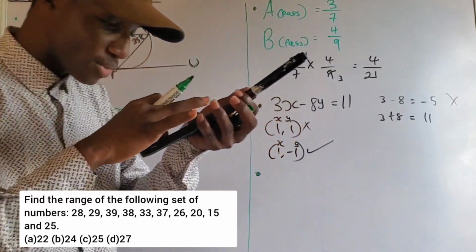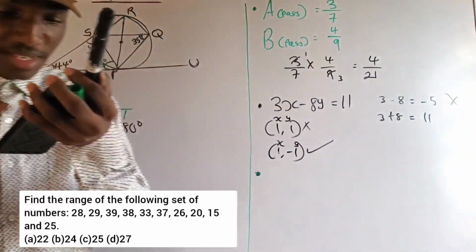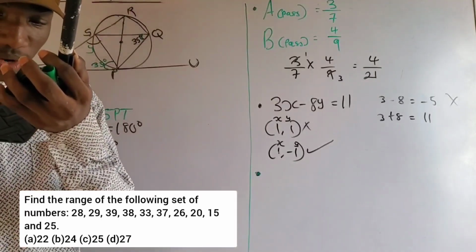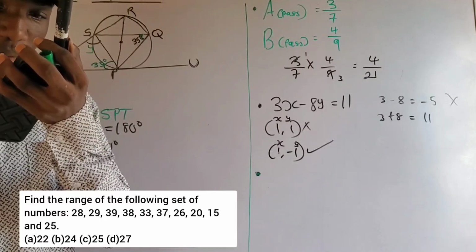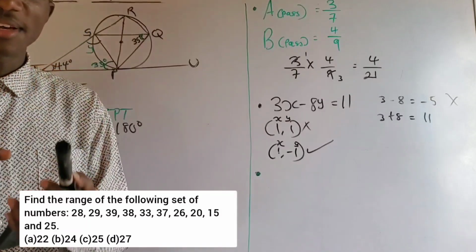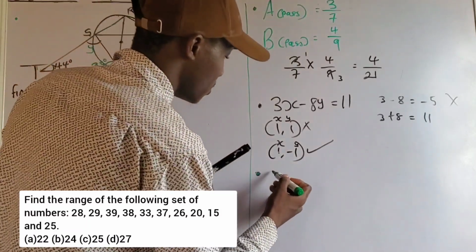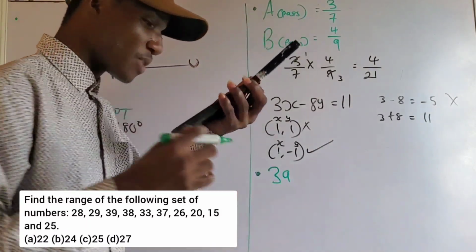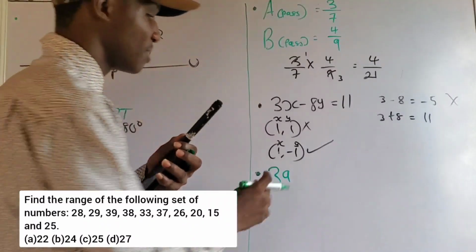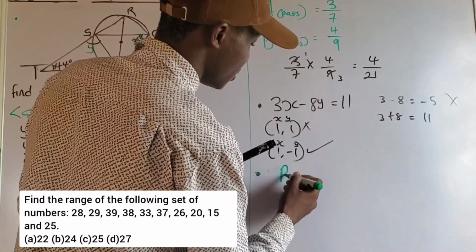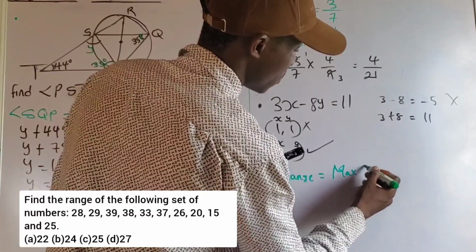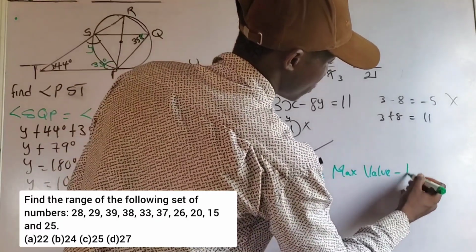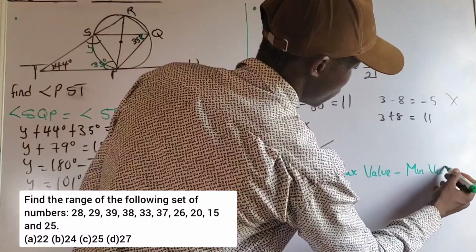Okay, so in an attempt to help you calculate the range, first identify the maximum value. The maximum value among that data set is 39, right? Yes. So the maximum value is 39, and the minimum value is what? Let me give you the formula for range. Range is equal to maximum value minus the minimum value.